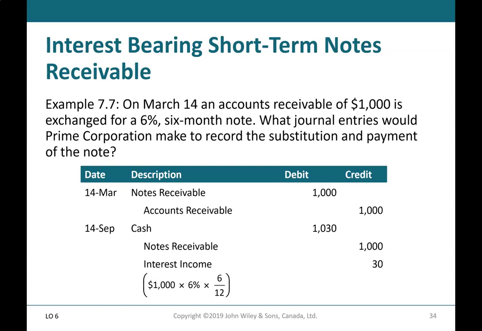On September 14th, you would debit cash for $1,030, credit notes receivable for $1,000, and credit interest income for $30. So that would be 1,000 times 6%, multiplied by 6/12, in months.